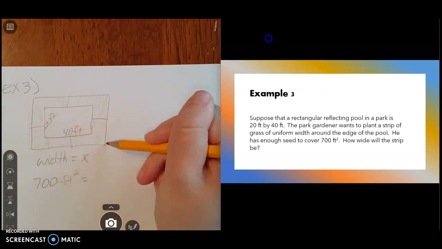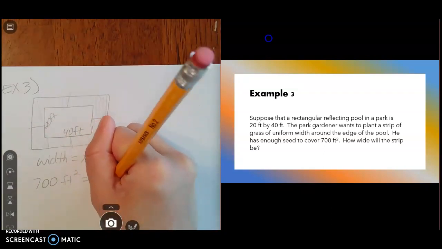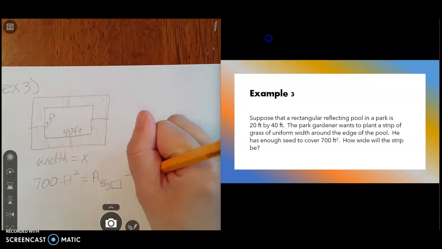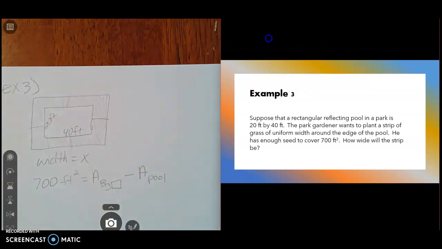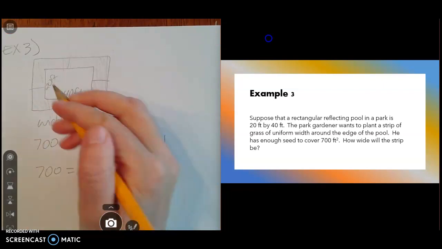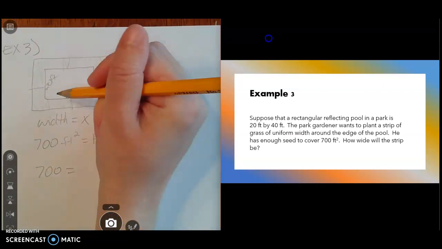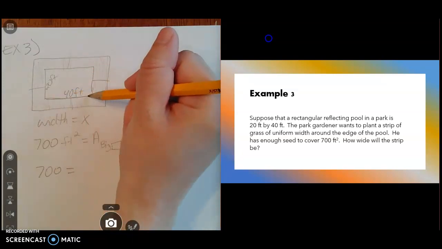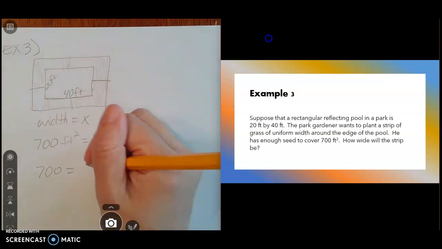Okay, so the area, that's 700 square feet, that's the area of the grass, which basically is the area of the whole thing, the big rectangle, minus the area of the pool, because we're not going to put grass seed in the pool. We're just going to put grass seed around the edge here. Okay? So, the area of the big rectangle is length times width. So my new length, instead of being 40 feet, we added an x to the left and an x to the right.